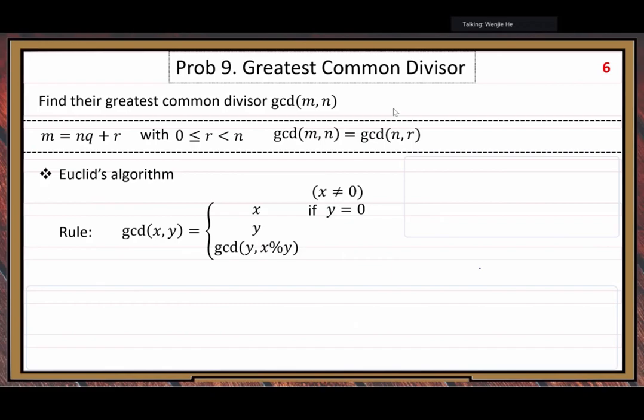The second case: here we use the percent sign, the modular operation. x mod y equals 0 means x is a multiple of y.